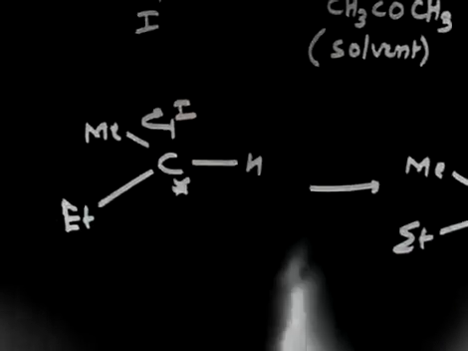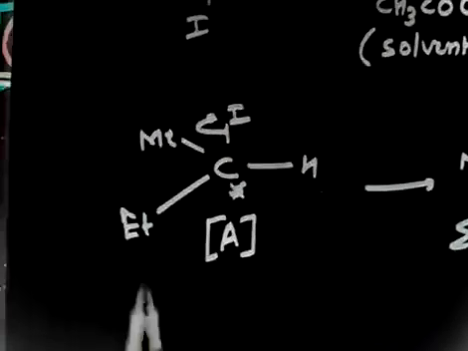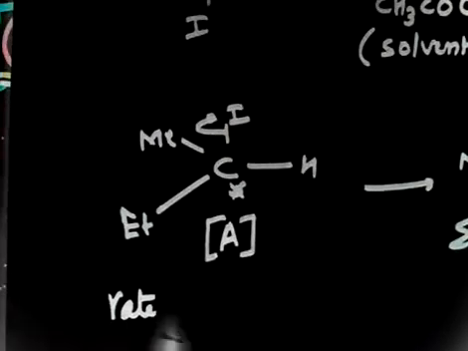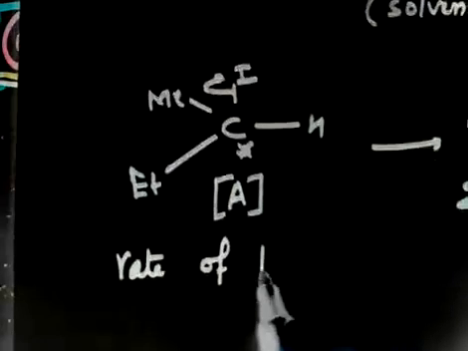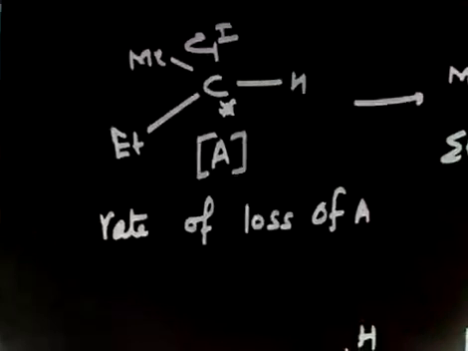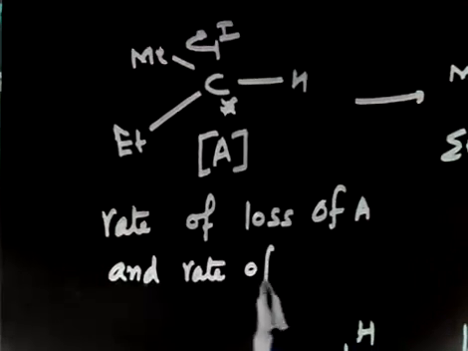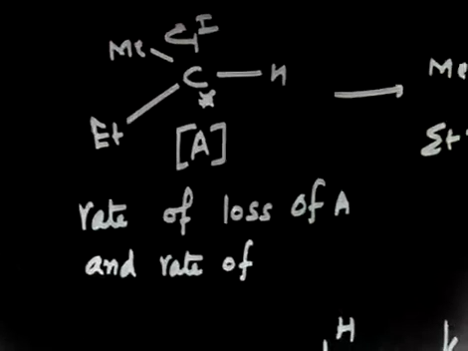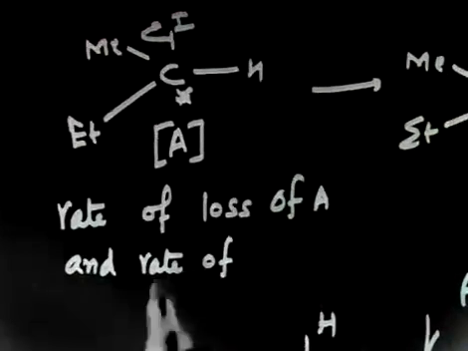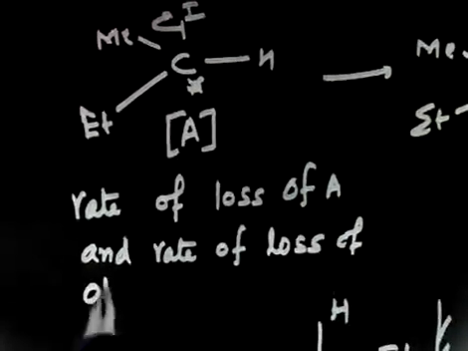Let us call this compound A. We can measure the rate of loss of A and the rate of racemization, that is, the loss of optical rotation.